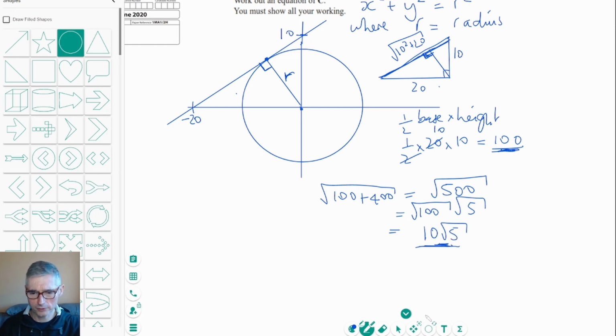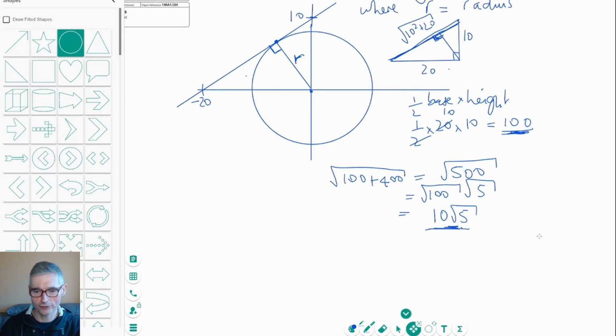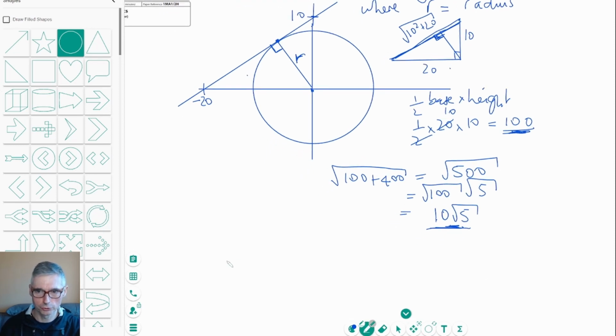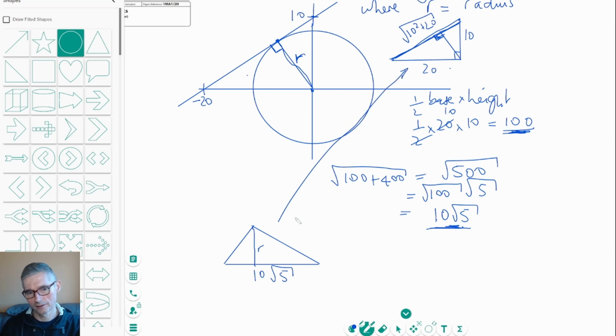And then, in case you're wondering why we're finding the areas, if I just draw the triangle from another perspective, rotated, we know that this distance here is 10 root 5, which we've just calculated. And if I put the radius on here and work out the area of this triangle, because it's exactly the same as this one, the areas should be the same, and we can find a calculation for finding r.